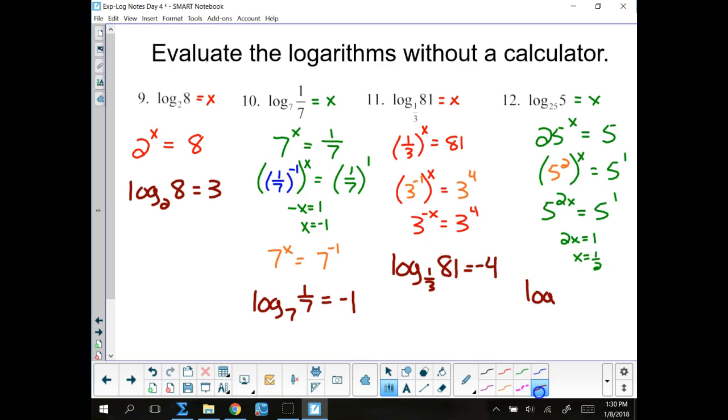Log base 25 of 5 is equal to 1/2. Square root 25 and -5.